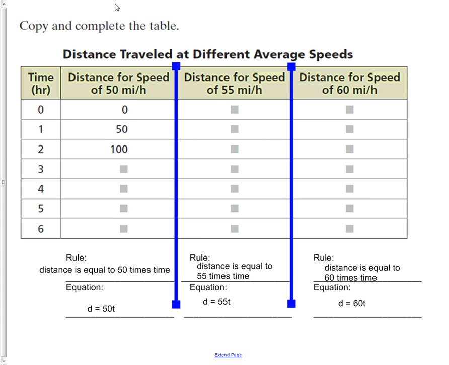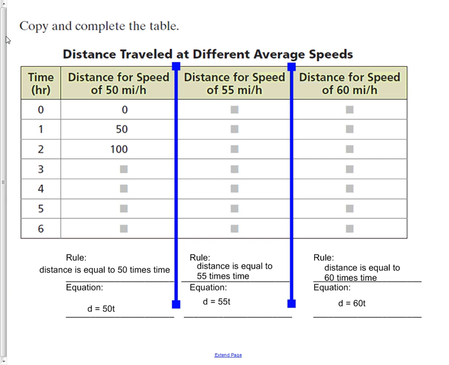And I want you to figure out 50 times 3, 50 times 4, 50 times 5. And you're going to do that for different speeds. 55. Okay, again, this is a game of multiplication. So you're going to take 55 times 0, 55 times 1, 55 times 2. I'll show you what my data says, and you can compare it with your own.